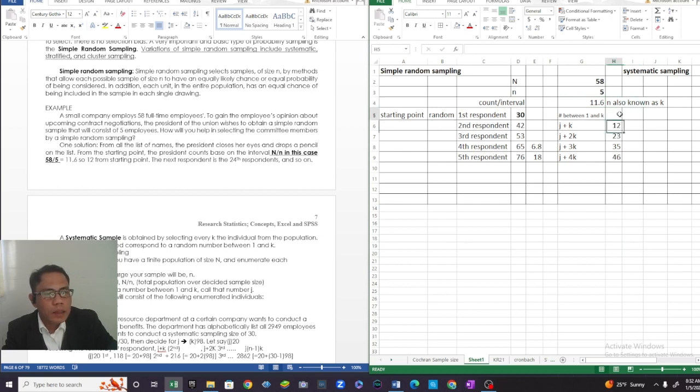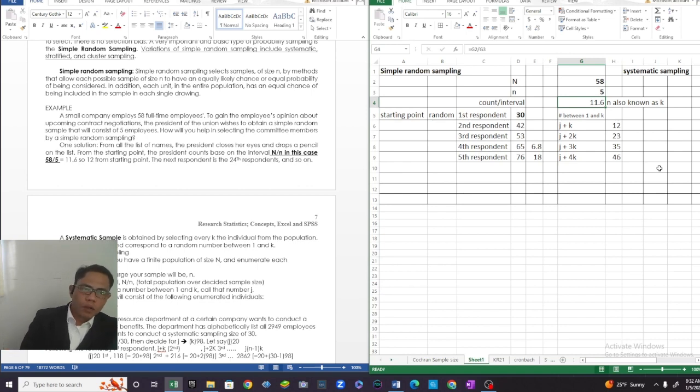So let's say our interval is 11, or 12. The first respondent can be any number between 1 and 12. You cannot go beyond any number between 1 and 12. Let's go to number 6.